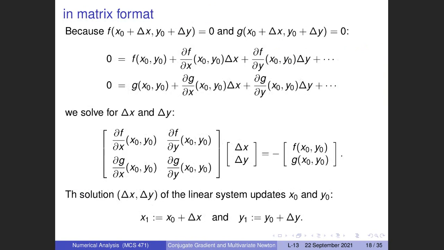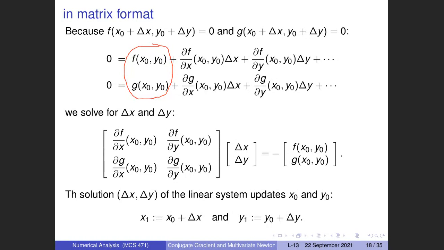So I've copied, still with the dots, what I had in the previous slide. So what do we know? Well, we know the x naught and the y naught. And what we did, as I said, we evaluated f and g at x naught, y naught. And that will make the right-hand side.